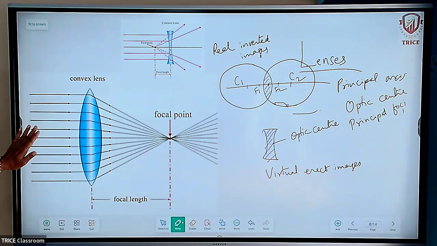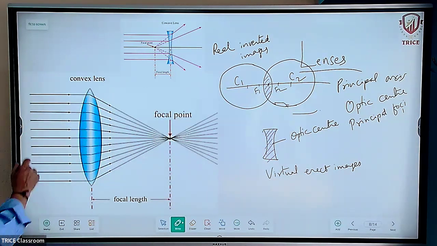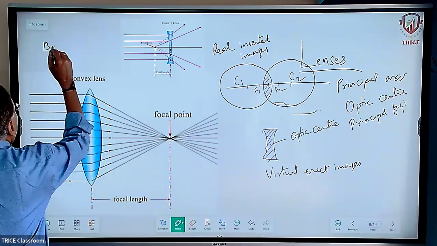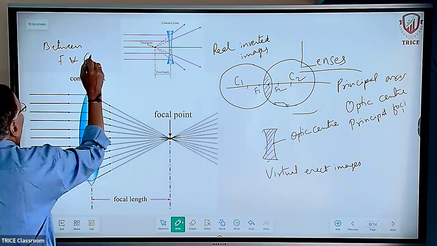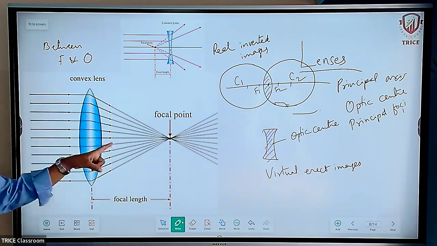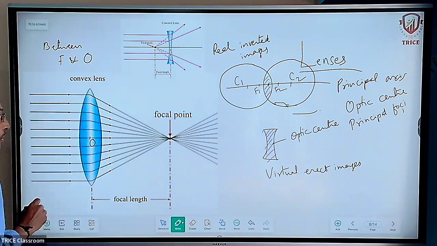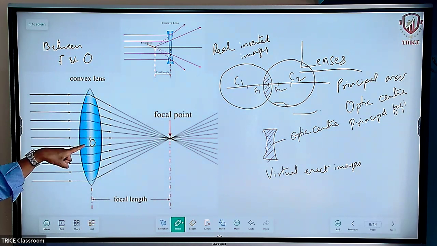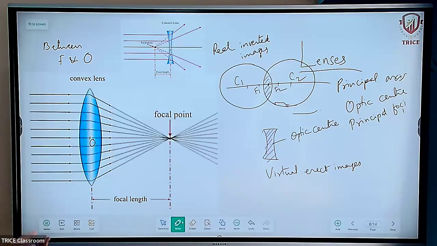Okay, in all the cases you find a real inverted image, except for one position in a convex lens, that is between F and O. When the object is placed between the principal focus and the optic center, then only you get a virtual erect image on the same side.